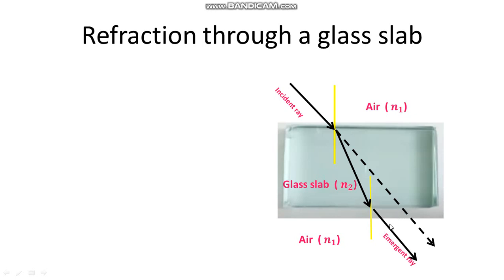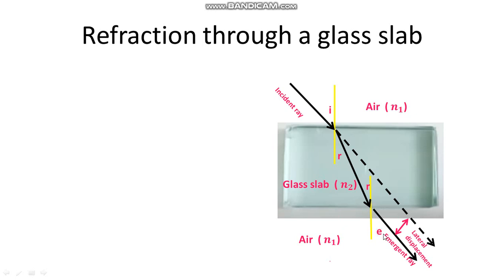It shifts parallel to the incident ray. So this we call lateral shift, and the perpendicular distance between the incident ray and the emergent ray is called lateral displacement. Okay.